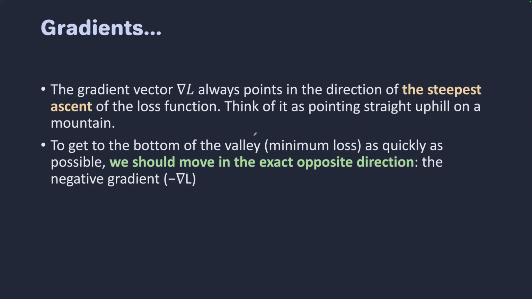The loss is always thought of as a landscape of hills and valleys, and if you're standing on a hill, you would like to go to the bottom of the valley, and this is the analogy that is given most of the time. So you compute the gradient vector, which gives you the direction of the steepest ascent, and then you reverse the sign, so you take the negative of this vector to go exactly in the opposite direction.